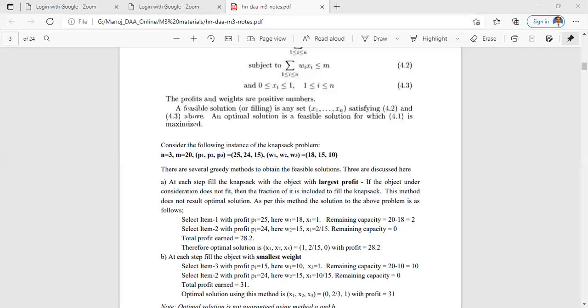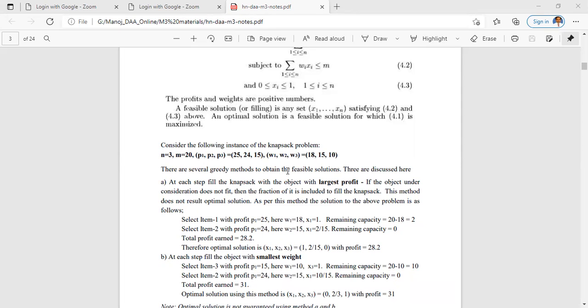It is the capacity of the knapsack. What is N? The number of items. Each item will have a profit and weight. So items 1, 2, 3 have profits P1, P2, P3 and weights W1, W2, W3.